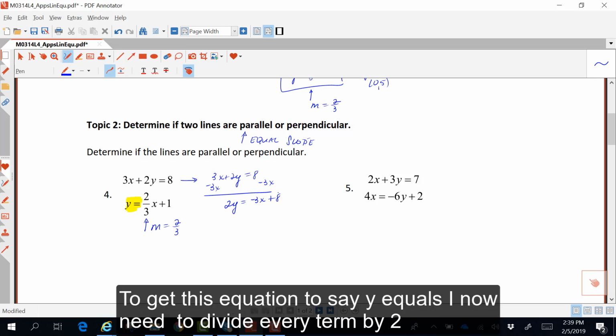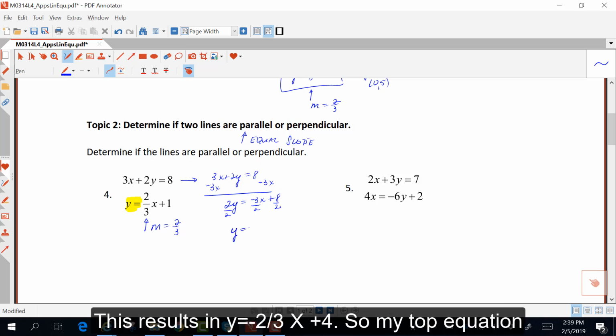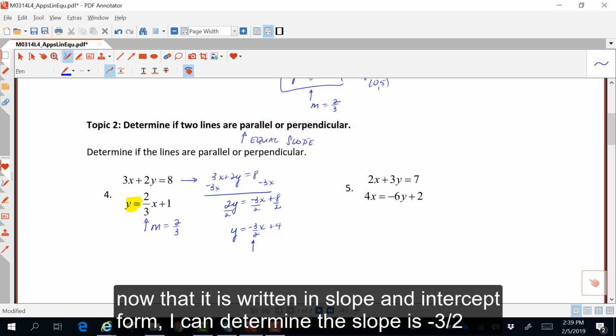To get this equation to say y equals, I now need to divide every term by 2. This results in y equals negative 3/2 x plus 4. So my top equation, now that it is written in slope-intercept form, I can determine the slope is negative 3/2.